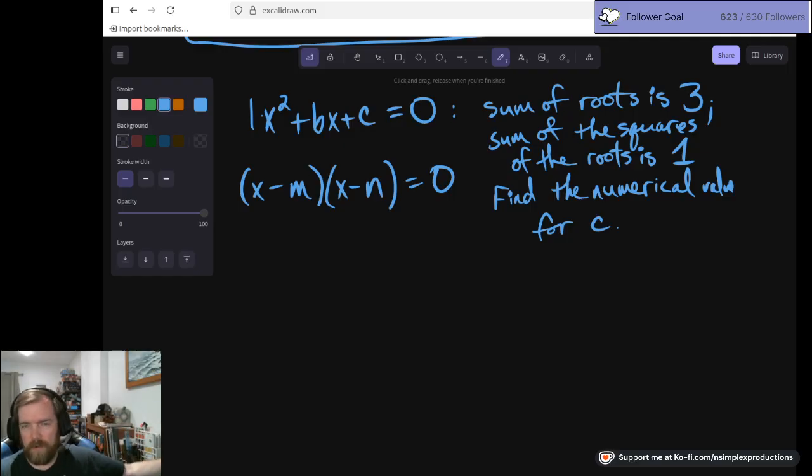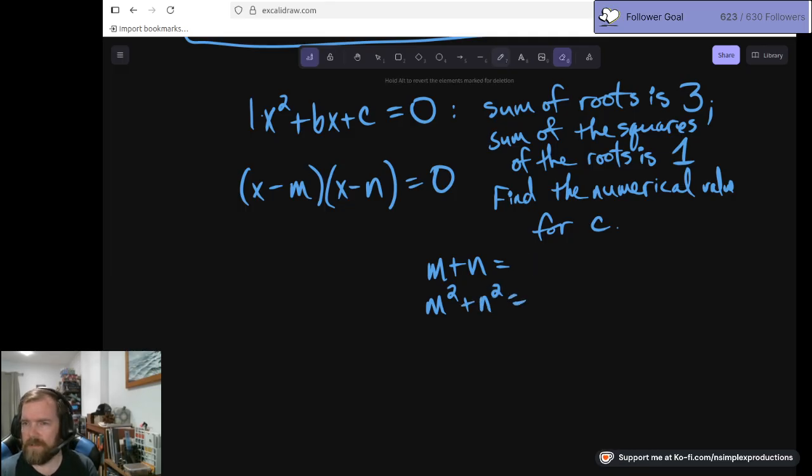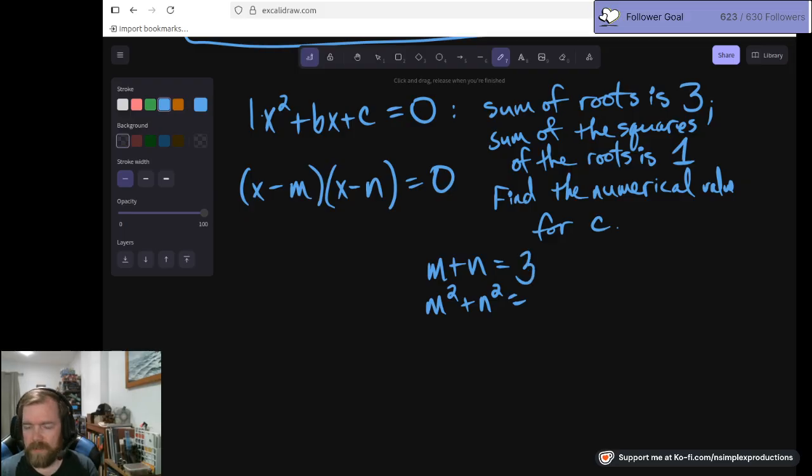And then our two roots m and n, right? m plus n is equal to 3. m squared plus n squared needs to be equal to, that is not c, needs to be equal to 3. There we go. And m squared plus n squared must be equal to 1.